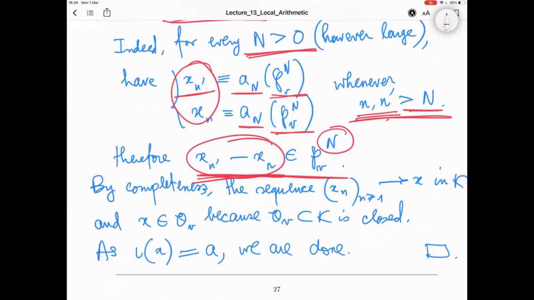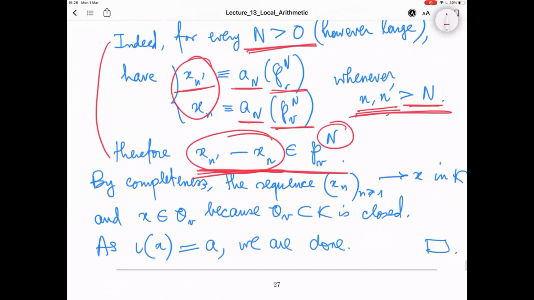This is exactly what is needed to show that this is a Cauchy sequence.